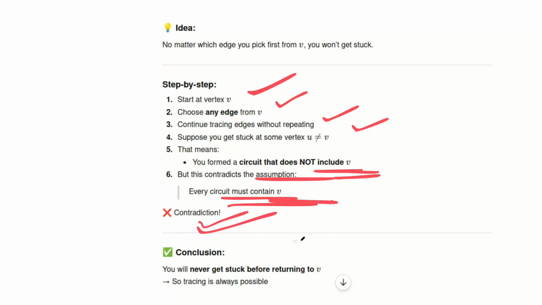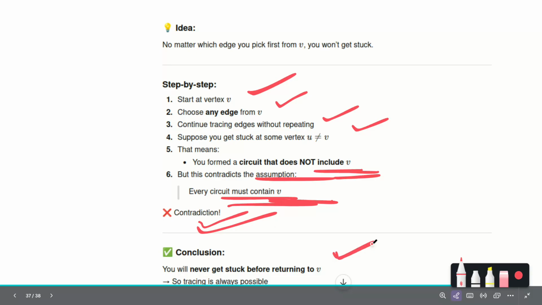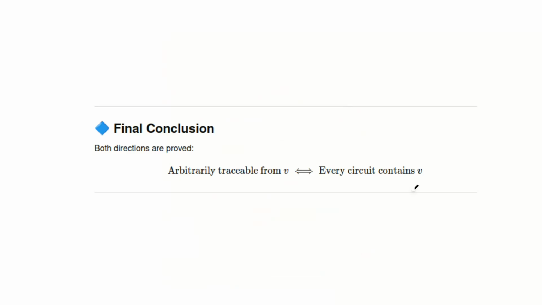That means you will never get stuck before returning to V, right? So tracing is possible, so it is arbitrary traceable.